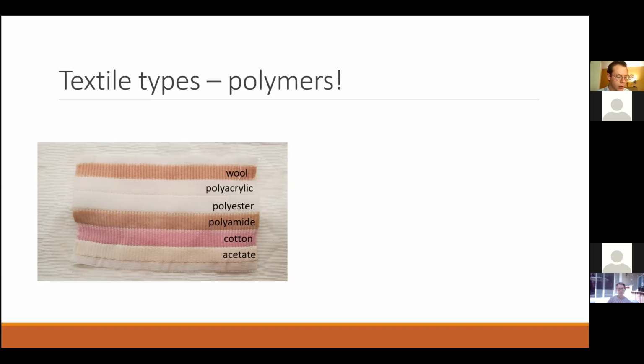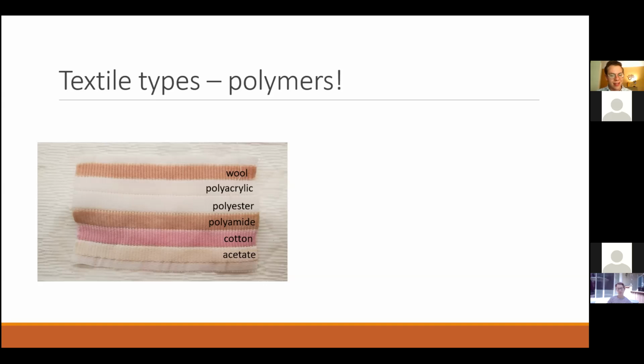So I've now covered the dyes and why we use them. And now I'm going to talk about the textile types, because although I didn't change anything about the textile, it's still important to show what was there in the original lab activity.